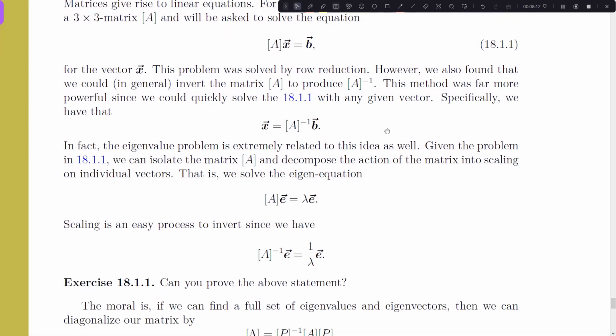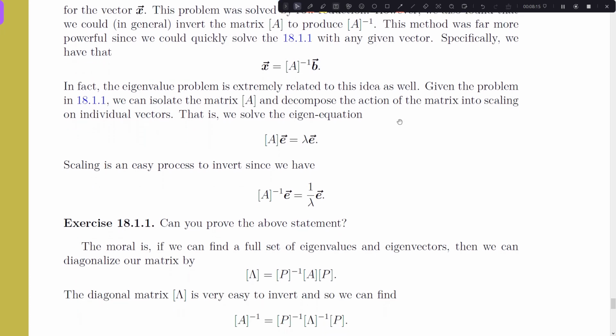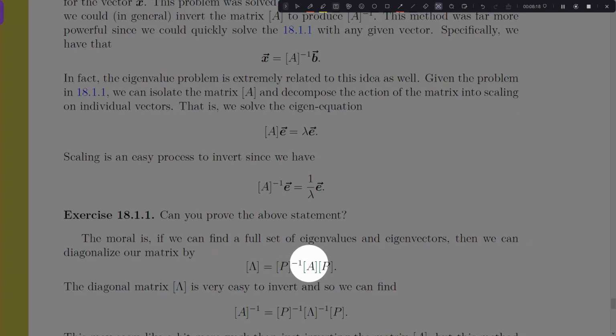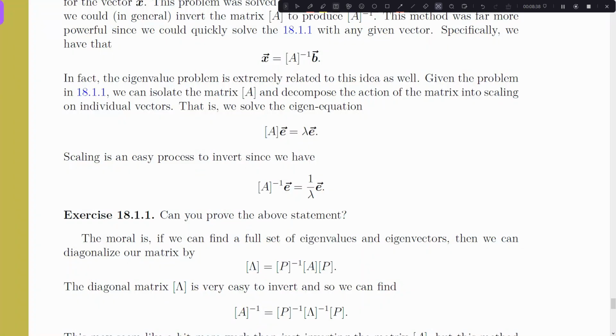So when can we find a basis of eigenvectors? This is exactly the property of diagonalization. So diagonalization is the process of finding, so lambda here is the diagonal matrix of the matrix A, where we have some sort of transformations P, and basically the P's are matrices of eigenvectors, a basis of eigenvectors.